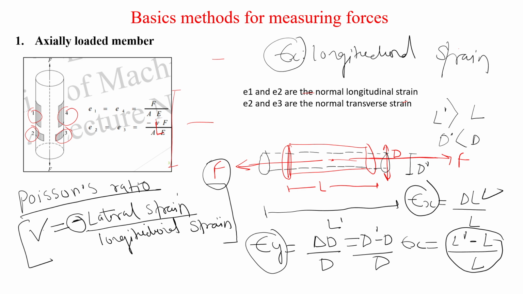Yes, sir. To avoid that negative ratio, we multiply it with a negative sign, so that negative will become positive. Understood? Yes, sir. So this is the concept of Poisson ratio. The Poisson ratio comes into the picture because of the strain developed in the lateral direction. Fine? Can I rub it? Yes, sir. Okay.